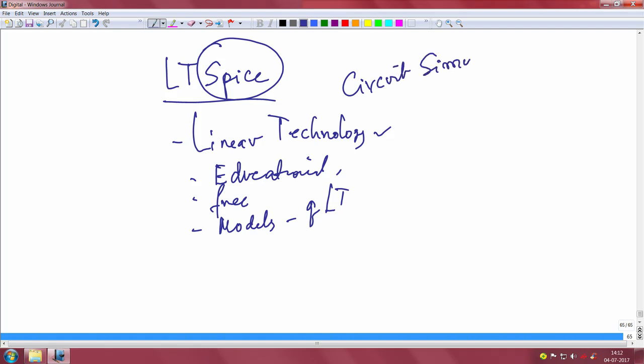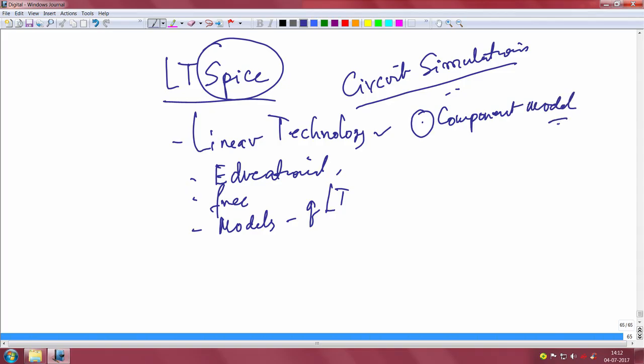I will not go into detail because simulations are of different types, and the important thing is that you are actually doing a circuit simulation. Each component that you use has what is known as a component model, very accurately describing the component's behavior. I will not get into the detail because I am sure all of you would have used Spice.